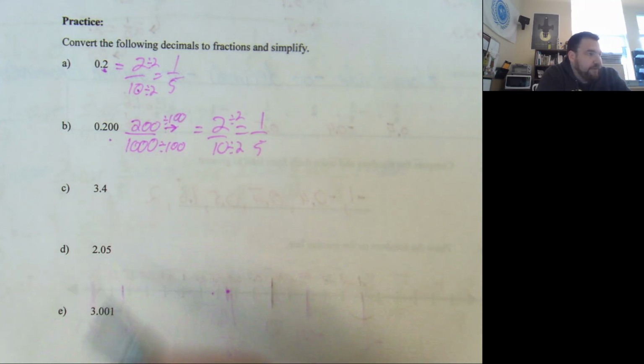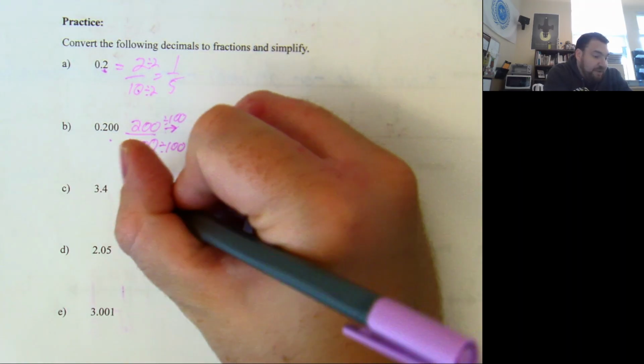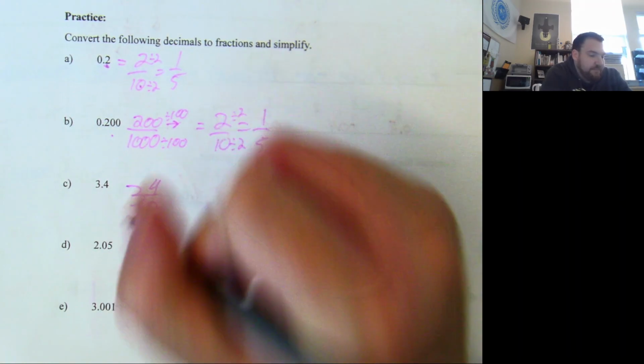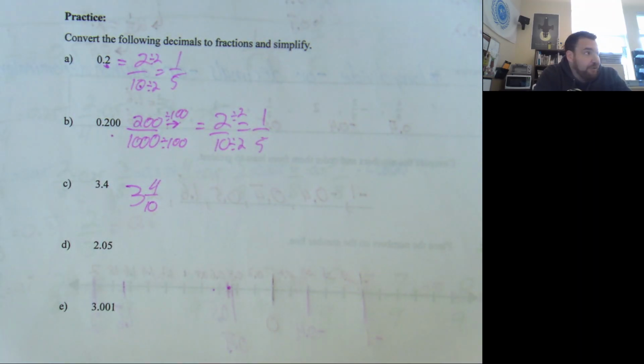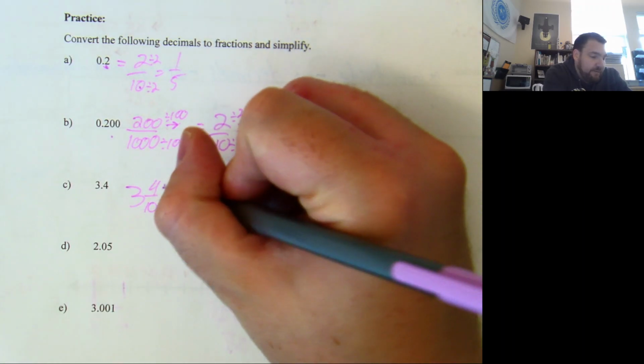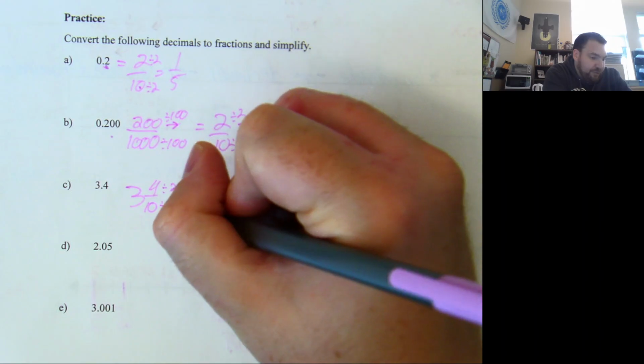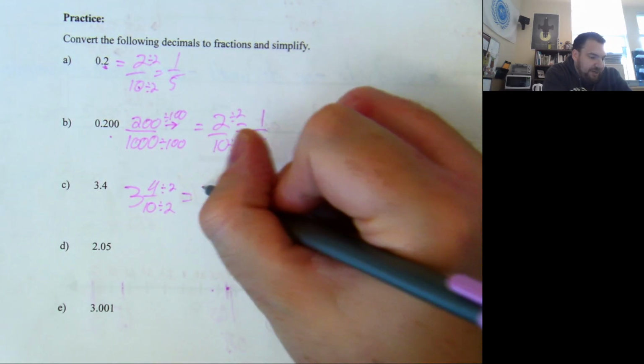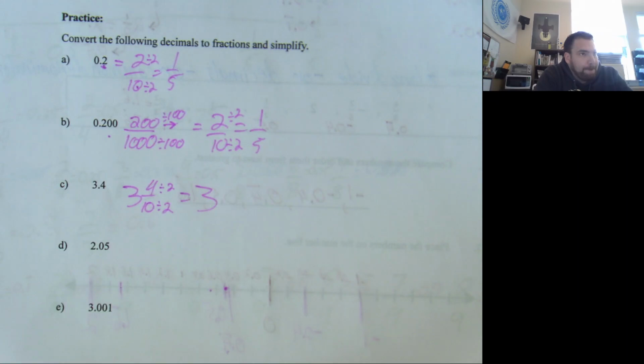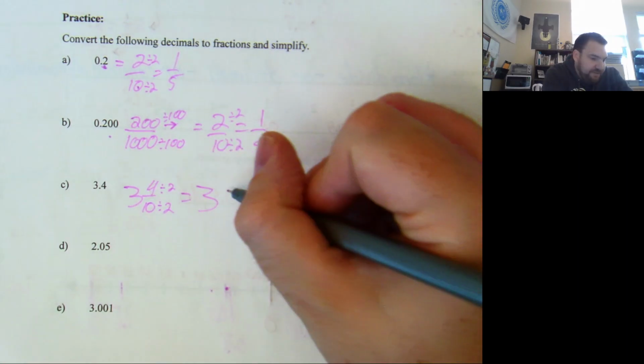How about 3.4? What will we do with that? Anybody? Yeah, okay. So it's going to be 3 and 4 over 10. And can I reduce that fraction? Yeah, I can. I can divide top and bottom by 2. So that's going to give me 3 and what? 2/5.